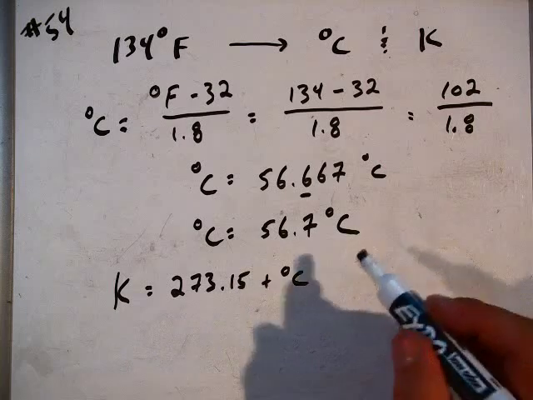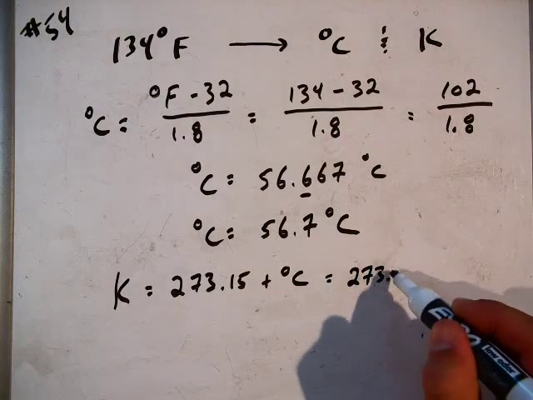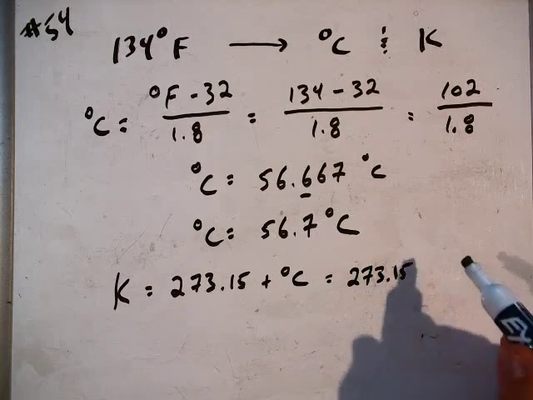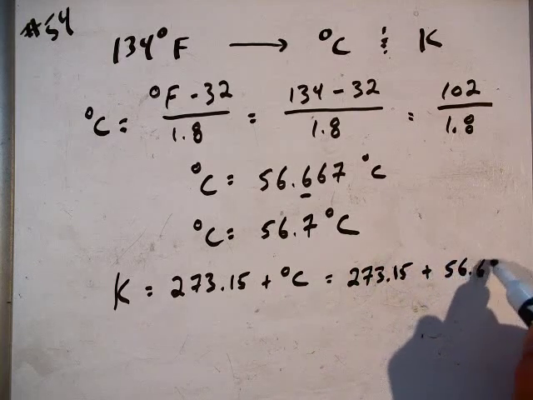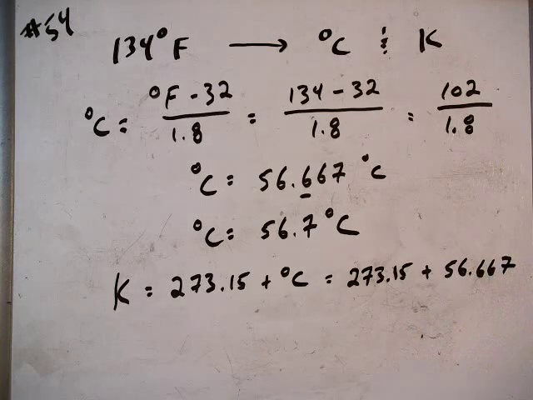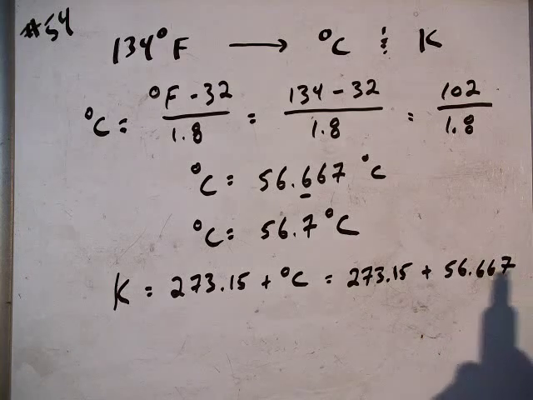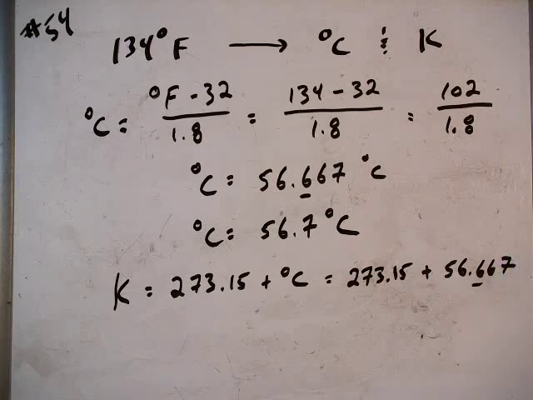So when we plug this in, we have our absolute value for our Kelvin conversion, and I'm also going to put in what we calculated for our degrees Celsius. The full value, 56.667, and I'm going to mark where its last significant figure actually is.